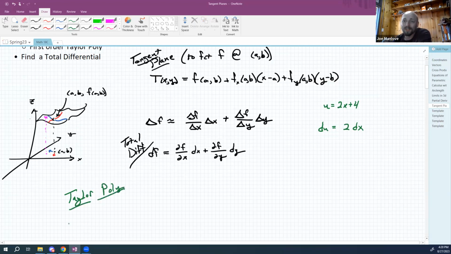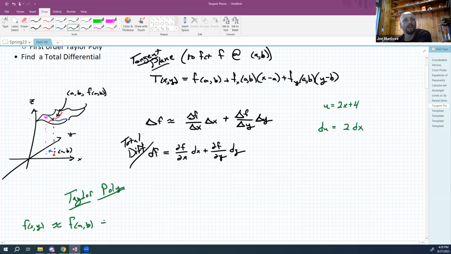Okay, so the way we'd build a Taylor polynomial is, f of x and y is given by, right? The 0th order Taylor polynomial is we just evaluate f at a and b. It's 0th order because there's no variables in it.